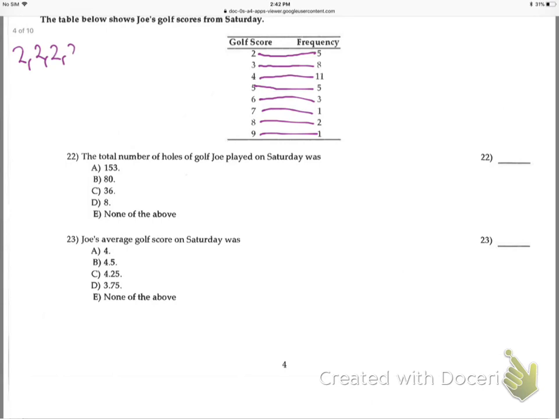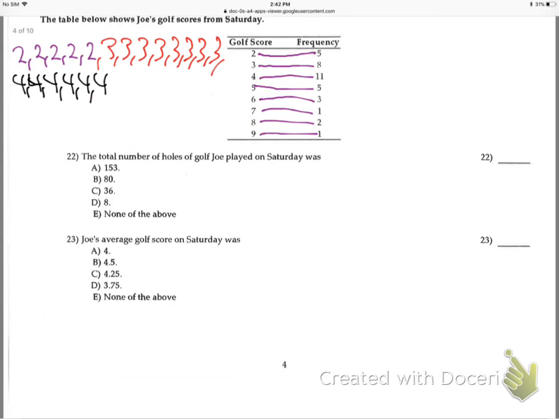1, 2, 3, 4, 5. Then I would go, okay, what's next? 8 3s. 1, 2, 3, 4, 5, 6, 7, 8 3s. Then, what's next? 11 4s. 1, 2, 3, 4, 5, 6, 7, 8, 9, 10, 11.